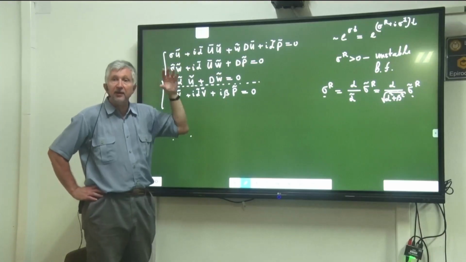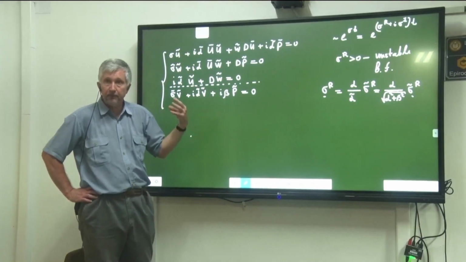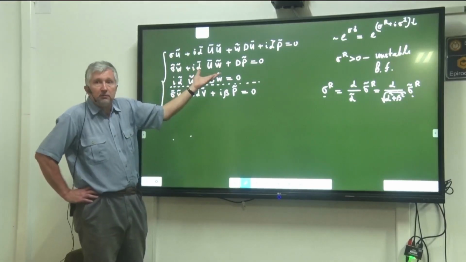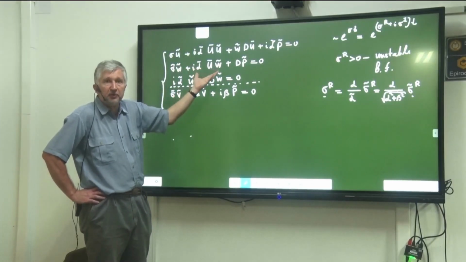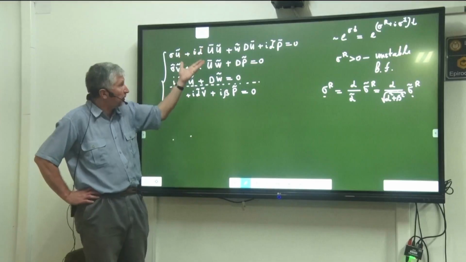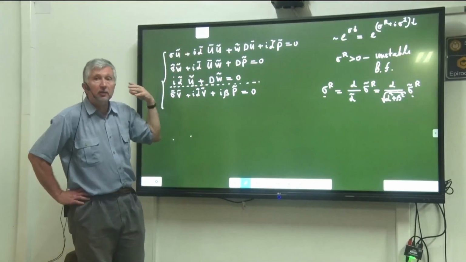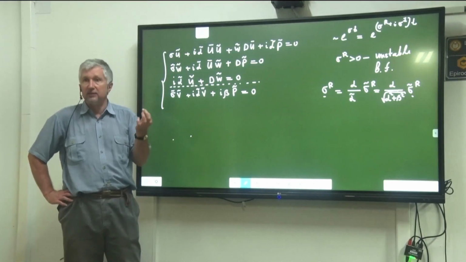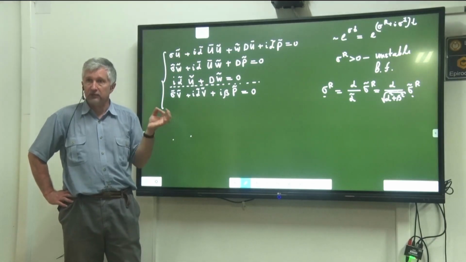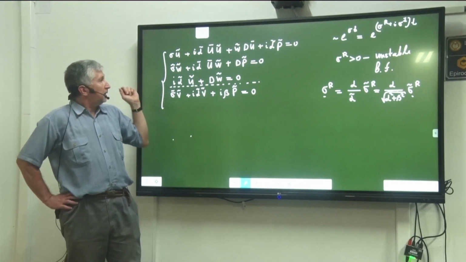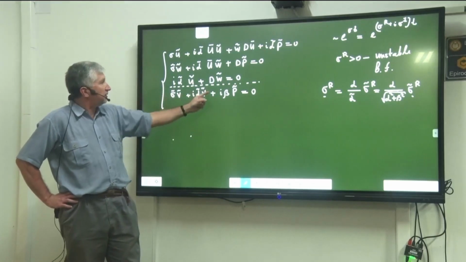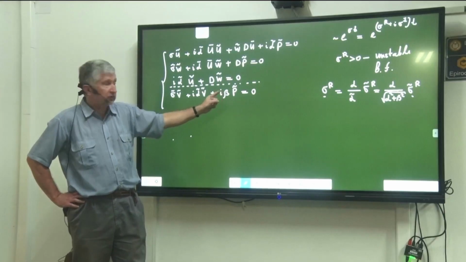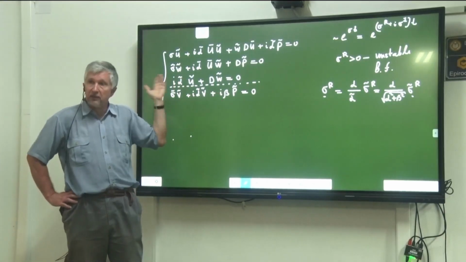V is not there, like v is equal to 0. Right? If v is equal to 0, then obviously it cannot be present in the system, and we do not see it here. So equivalently, we can say that this set of equations looks like v is equal to 0. Is that correct? Can you see that? Right? If v is equal to 0, then in this equation, beta is equal to 0. So if v is equal to 0 and beta is equal to 0, then the last equation is also true.